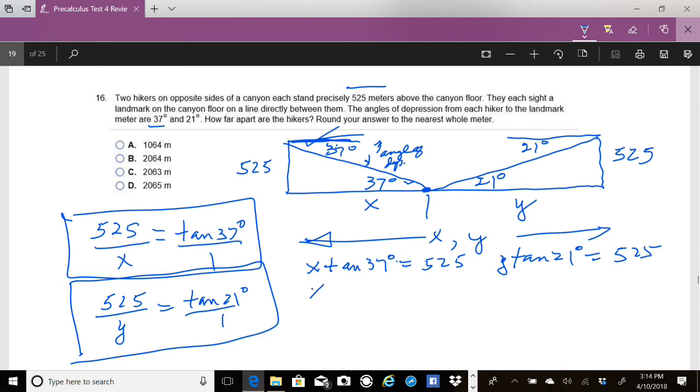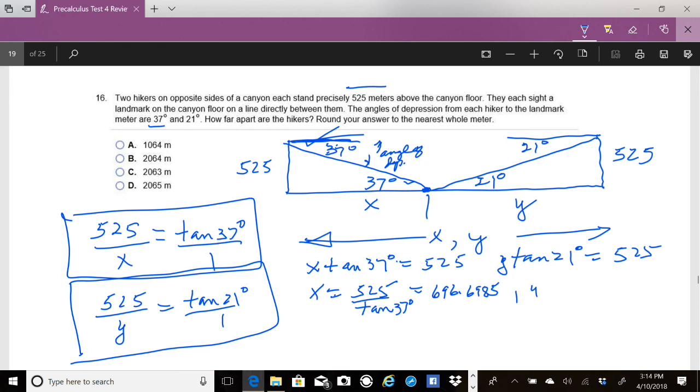So x is equal to 525 divided by tangent of 37, which equals 696.6985. Everybody should do this themselves.